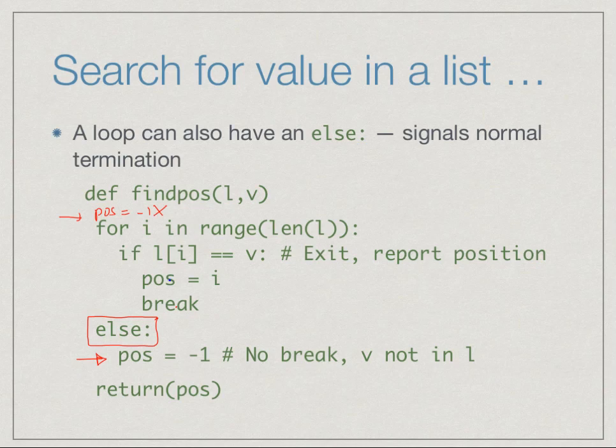So if pos is undefined, we need to define it before we return the value. So we have this else statement. We have come through this whole thing and there was no break. So there is no v in L, because otherwise we would have done a break, and otherwise pos would be set to a valid value in the range 0 to n minus 1. So there has been no break, there is no v in L. So let us set pos to minus 1 and then return.